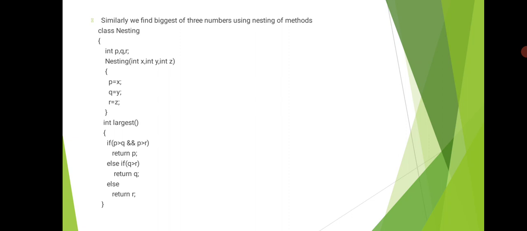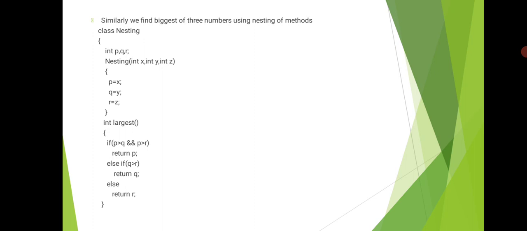So x, y, z values come through arguments, and the argument values are copied to initialize P, Q, R. So x value is initialized to P, y is initialized to Q, and z is initialized to R.